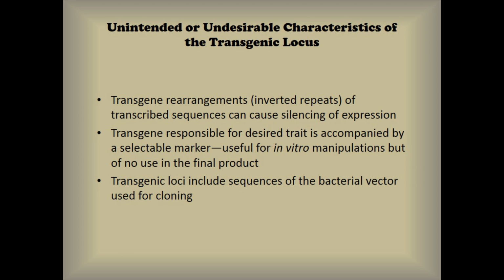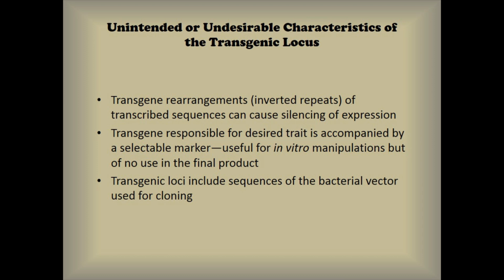The first of all has to do with gene expression. Often when transgenes go in, they become rearranged. Some of these rearrangements result in inverted repeats that can cause double-stranded RNA to be formed, which is a potent trigger of RNA-induced transgene silencing. So we think if we can avoid this, we can get better expression characteristics.